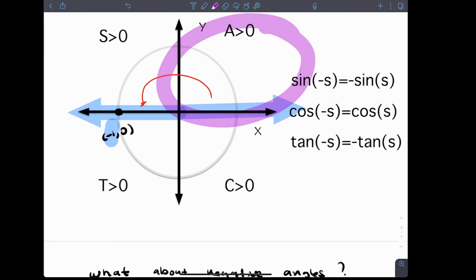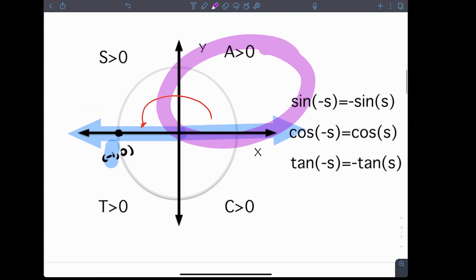But this is not the final answer because the angle is 2 pi over 3, not pi over 3. How do I work with that? Pi over 3 is 60 degrees. What's 2 pi over 3? It's 120. What quadrant is that in?